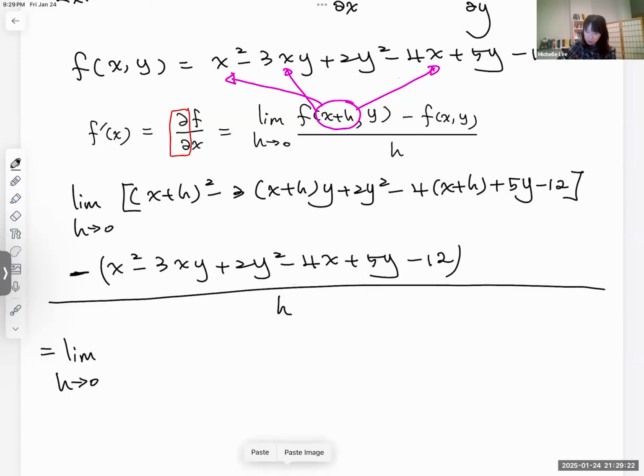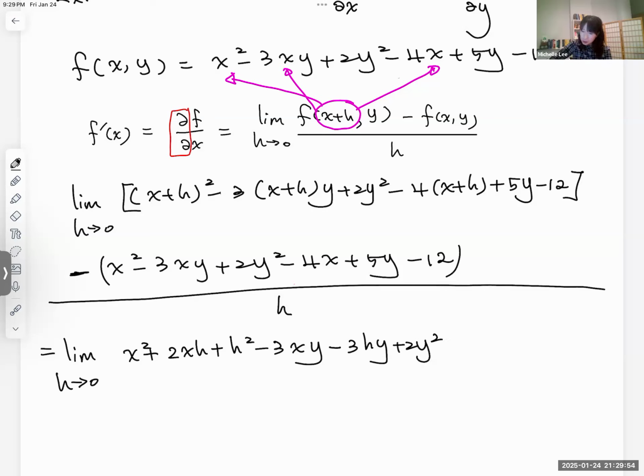So first term, x squared plus 2xh plus h squared minus. Okay, let's do this one. We have xh, hy, and then we make it times 3, so that will be 3xy and minus 3hy.